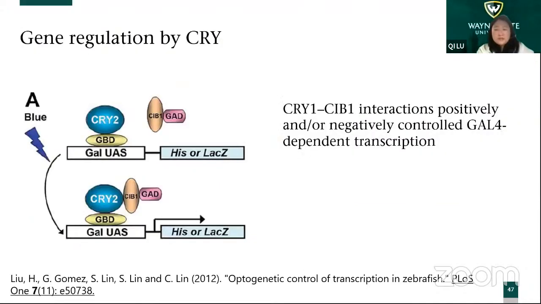So let's move on to see the cryptochrome.